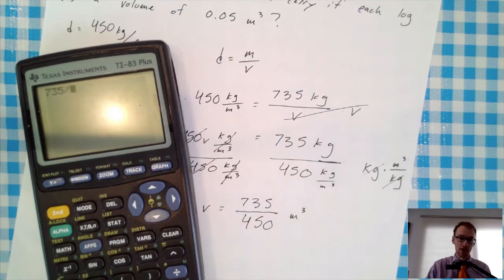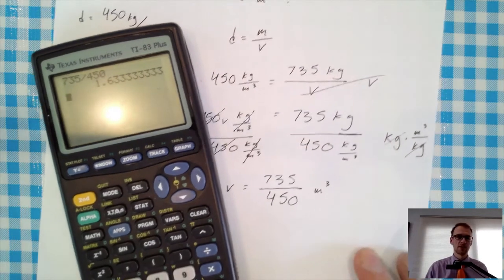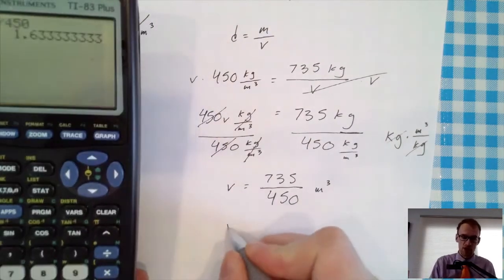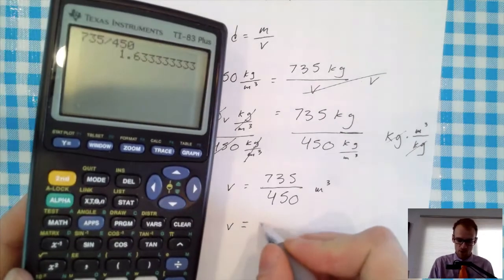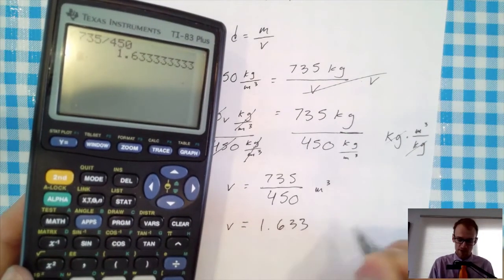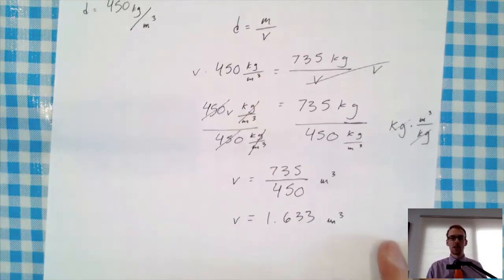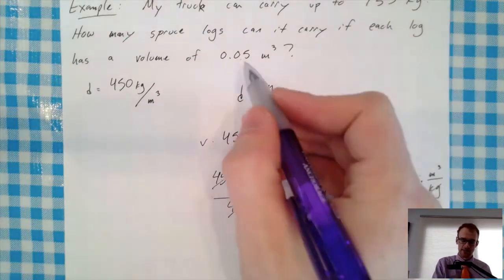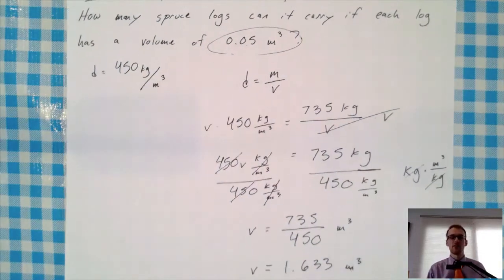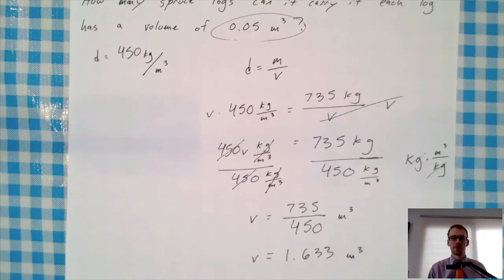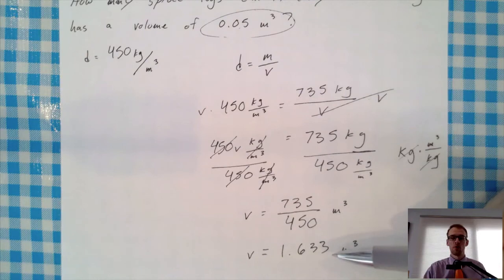735 divided by 450, 1.633. So our truck can carry a volume of roughly 1.633 meters cubed. Okay. Well, each log is 5/100ths of a cubic meter, and I can carry 1.633 of a cubic meter.